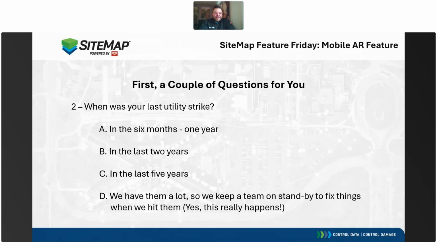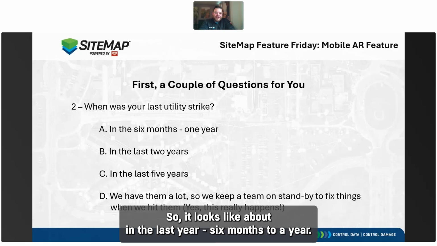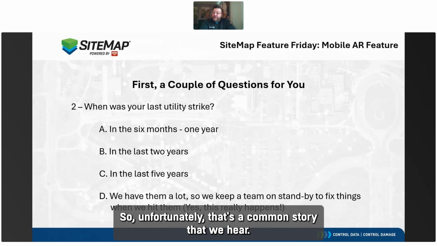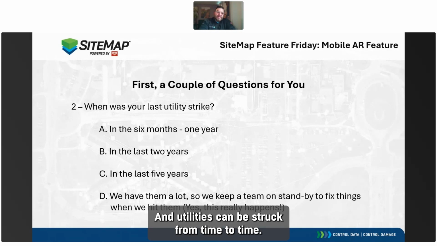So it looks like about 67% have now answered, about 2/3. It looks like the last strike was in the last 6 months to a year. So unfortunately, that's a common story that we hear. We're not always digging, boring, breaking ground with the best information, and utilities can be struck from time to time.